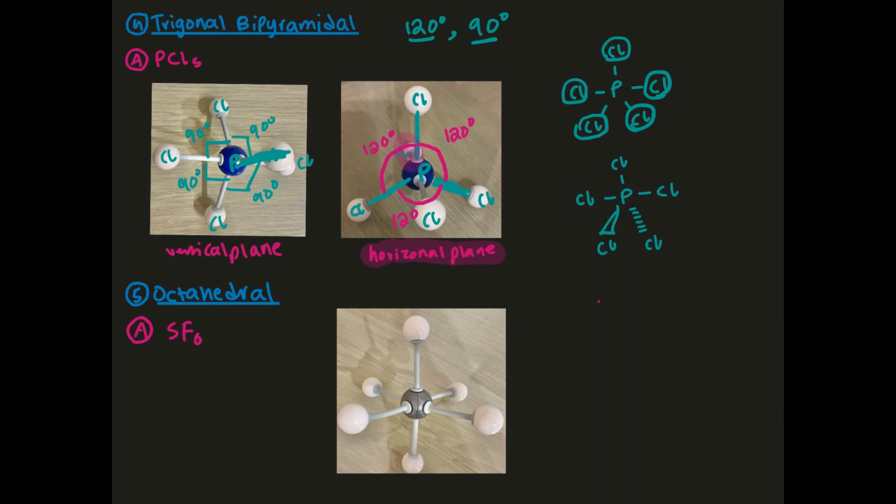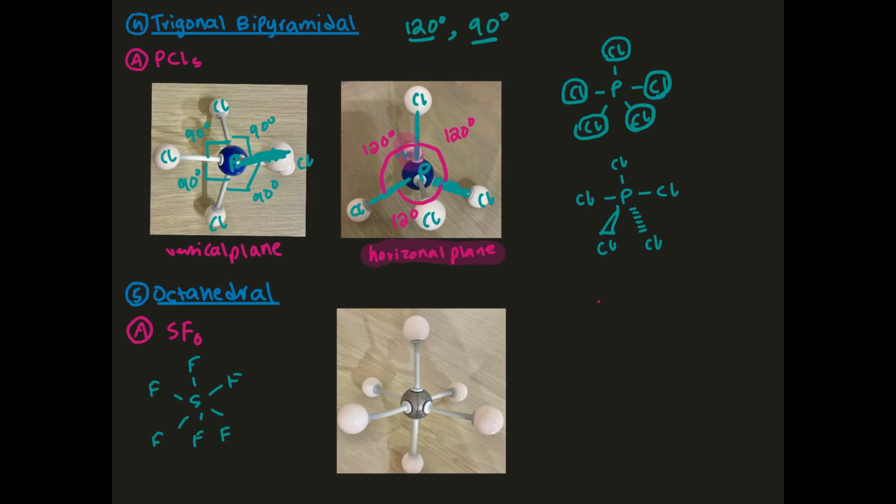The last shape that we're going to be looking at in the category of bond angles with molecules that don't have any lone pairs is going to be octahedral. The example that we're going to be looking at is SF6. In this case, we're going to have sulfur and it's going to be surrounded by 6 fluorines.